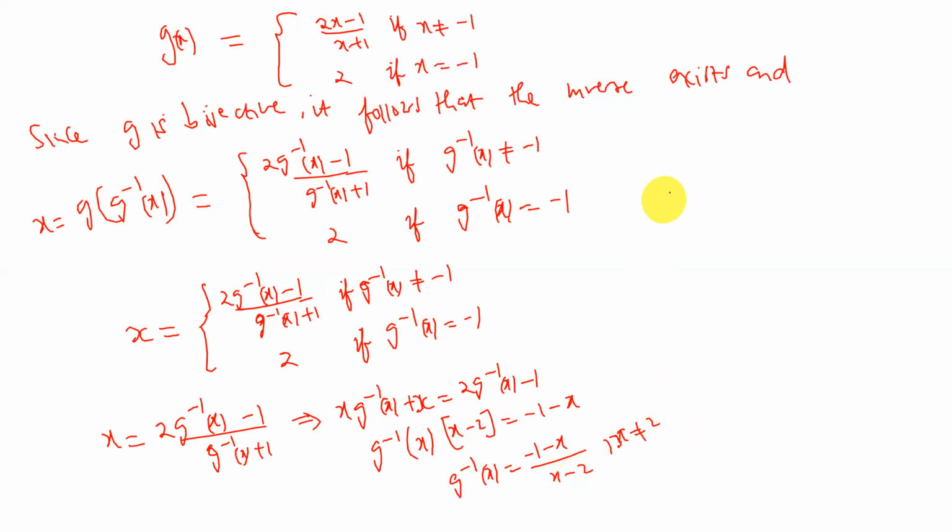For the other parts, we have from here x equals 2. From the bottom, we have x equals 2. X equals 2 if g inverse of x equals minus 1. This is what we have.